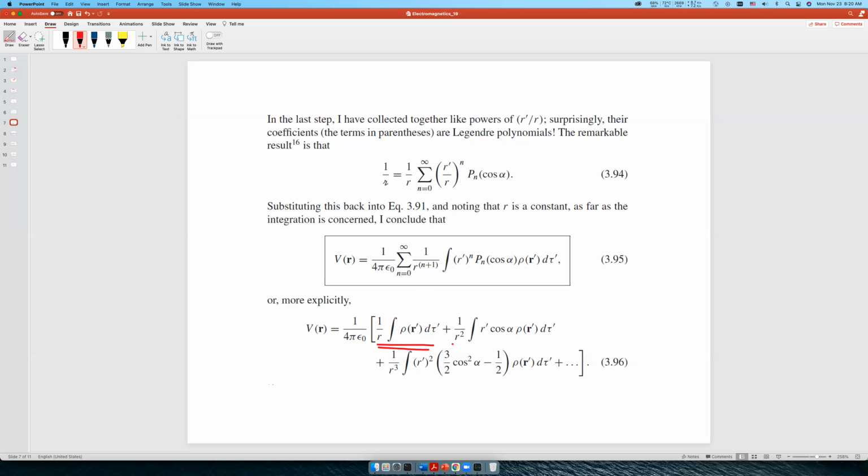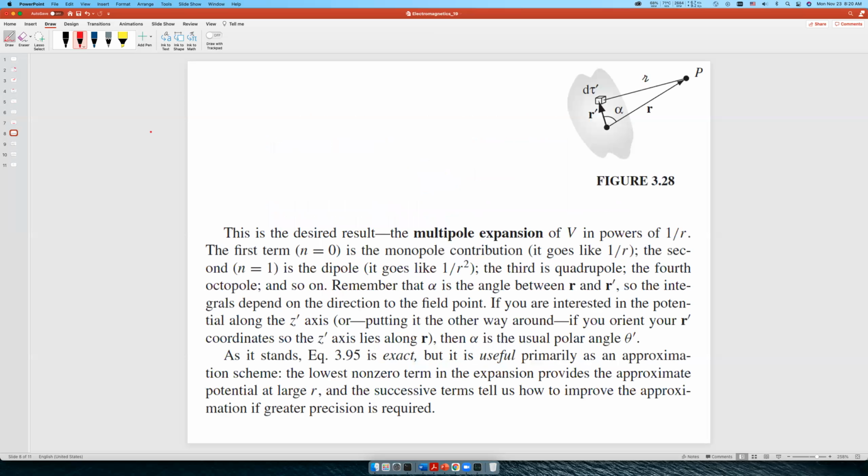And if you look at the second term, this is the potential of a dipole distribution. And then this is quadrupole. So the desired result is the multipole expansion of V in powers of 1 over r. The first term is monopole, the second term is dipole, etc.